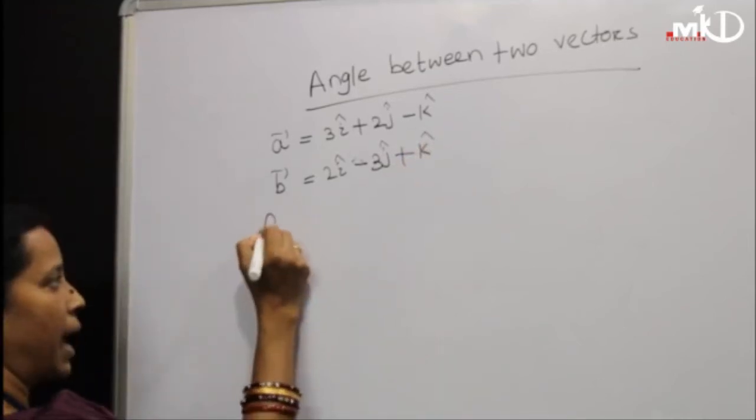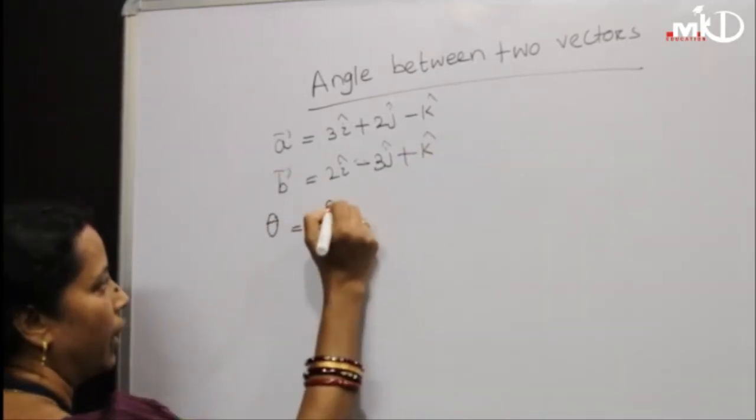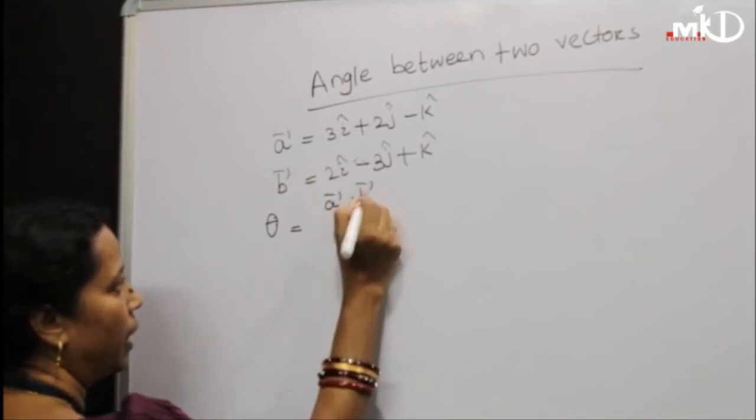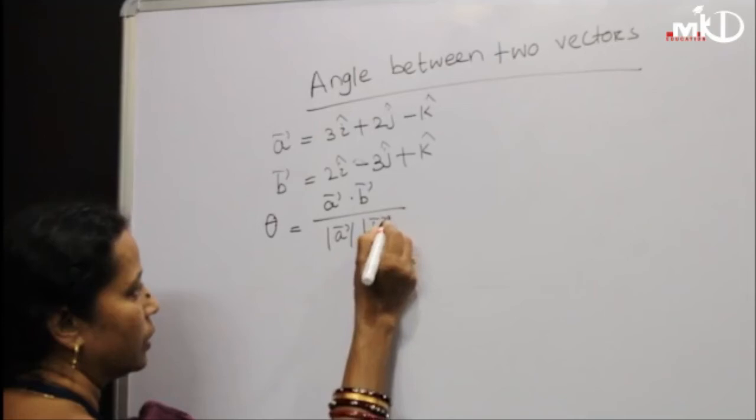If the angle between them is theta, then it is equal to A bar dot B bar by modulus of A bar into modulus of B bar.